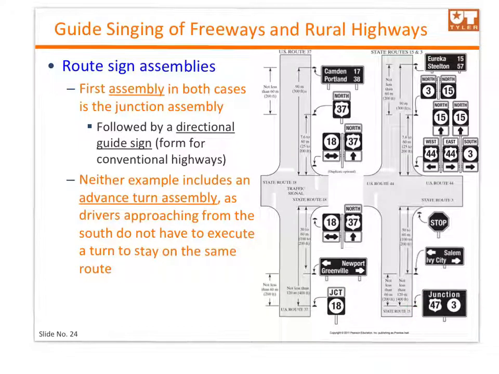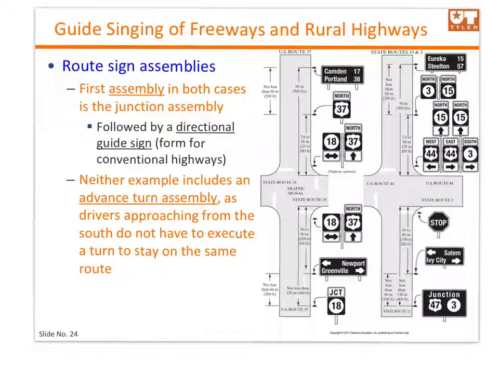This has to be well before the intersection, and it tells you that you're coming now to an intersection. There's a junction 18, that means this route is number 18, and here it also tells you that this route is going to be US 47 and state route 3.